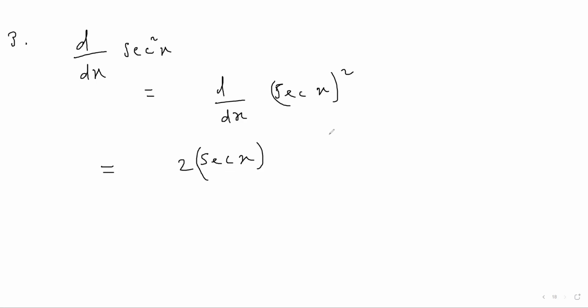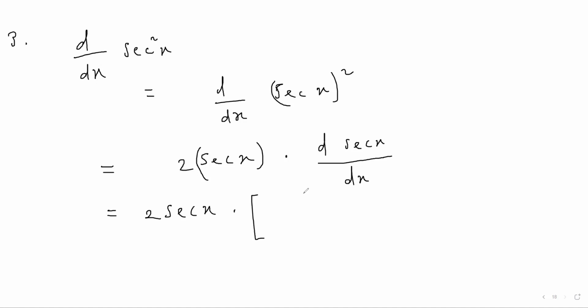Now you're going to multiply this by the derivative of the function inside, which is sec x, with respect to x. First let's write down the 2 sec x, multiplied by the derivative of sec x.